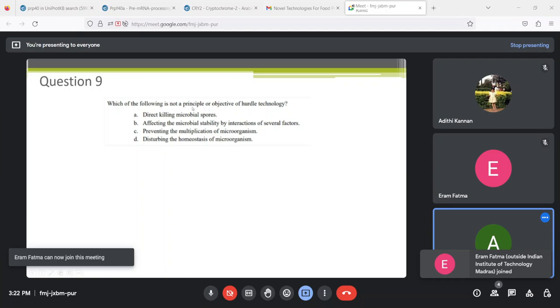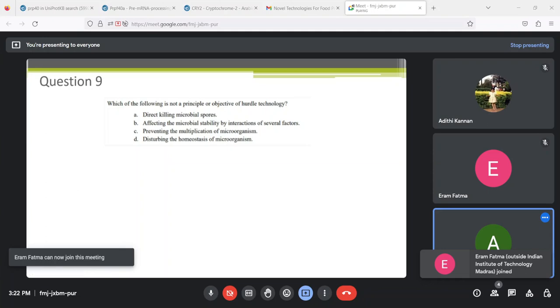So preventing the multiplication of microorganisms is also one of the principles of hurdle technology. The microorganism becomes metabolically exhausted, need not necessarily be killed, but it will definitely be prevented from multiplying. And D is disturbing the homeostasis of microorganisms.